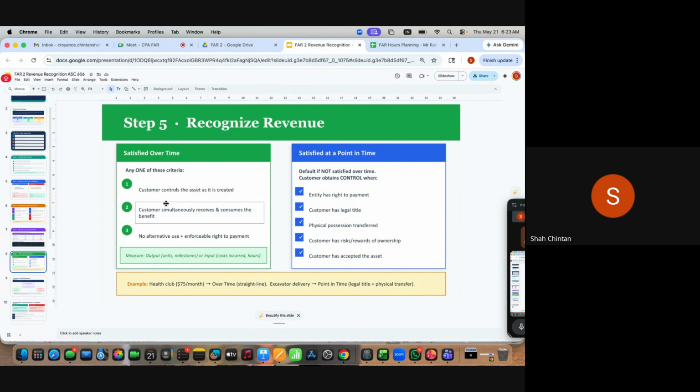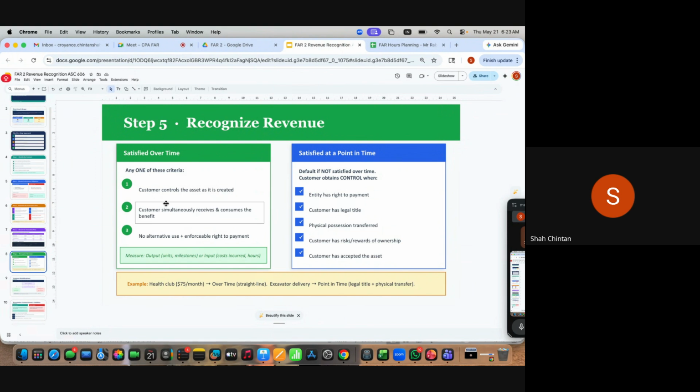Suppose you have hired an architect and the architect is designing a house for you. And let's say this house is on your land and the contract is for 2 years. After 6 months, a basement is completed. There is a dispute between architect and you. And now the question is whether the architect can recognize any revenue or not.